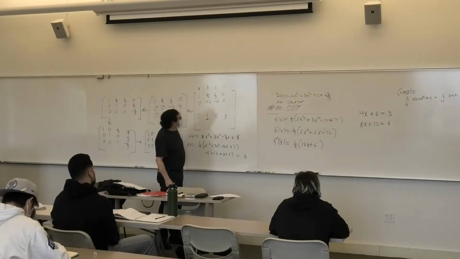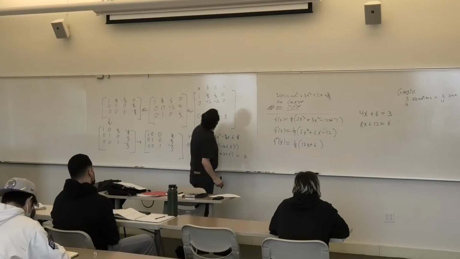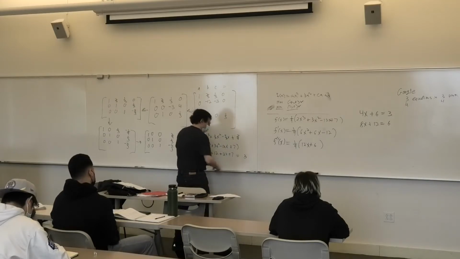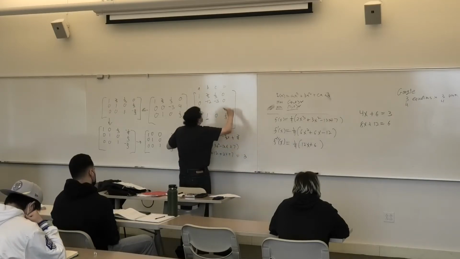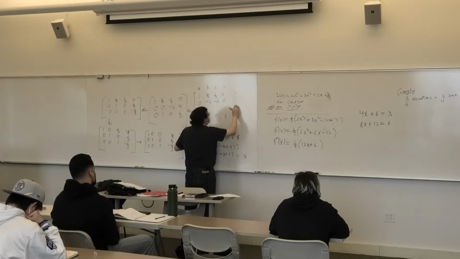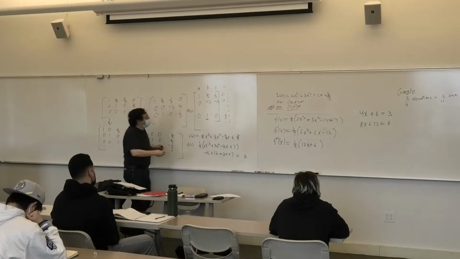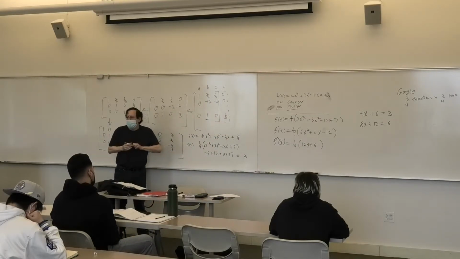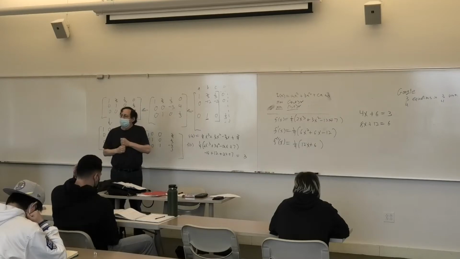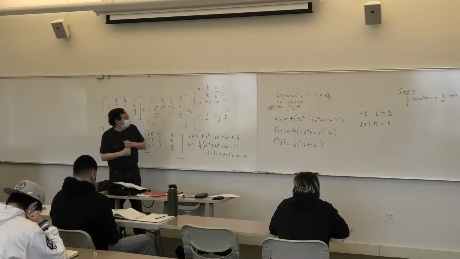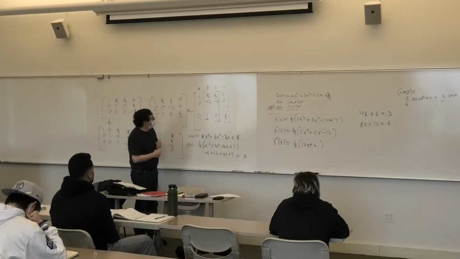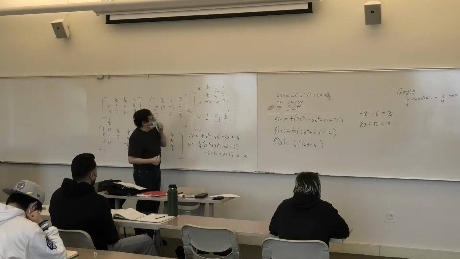The other is if you look at this square matrix here, if you find its determinant, and its determinant is 0, it's a singular matrix, and then you can't solve it either.